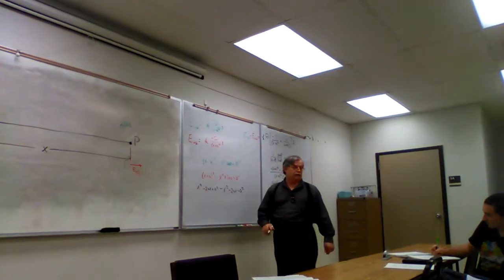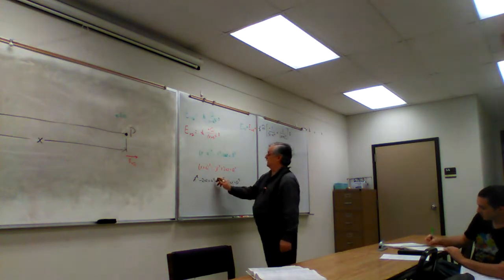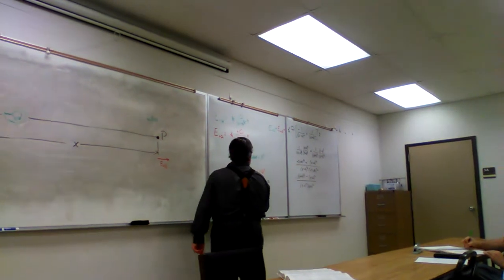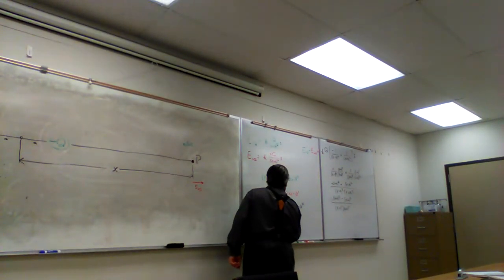Well, now look what happens. x squared minus x squared cancels out. a squared minus a squared cancels out. And I'm left with minus 2ax, which is just minus 4ax.